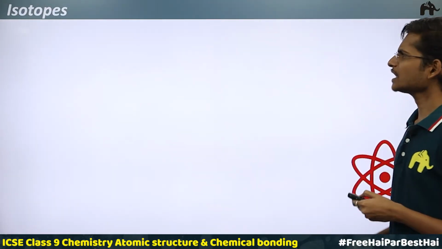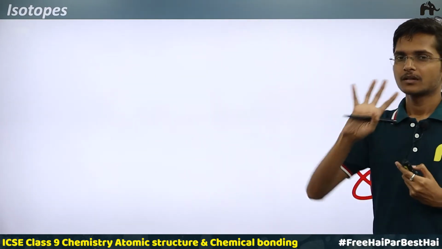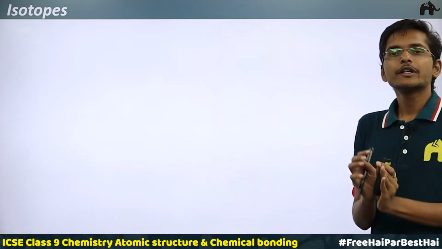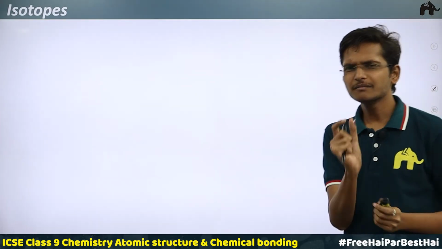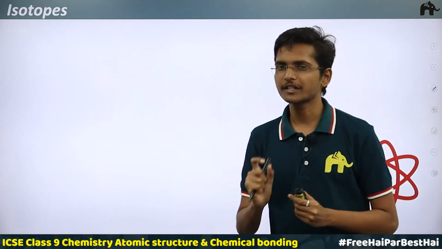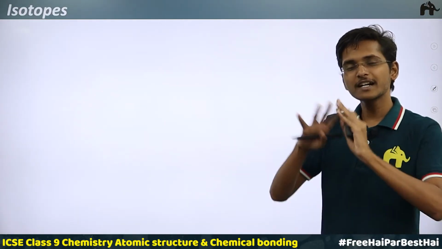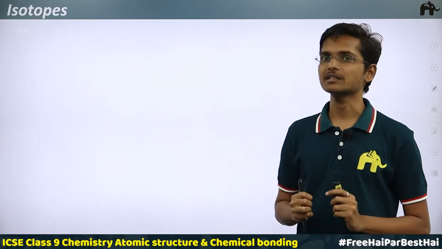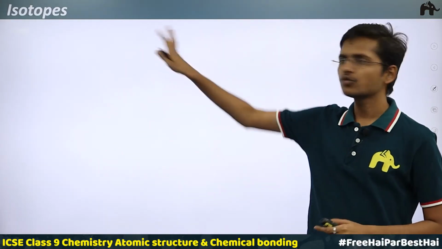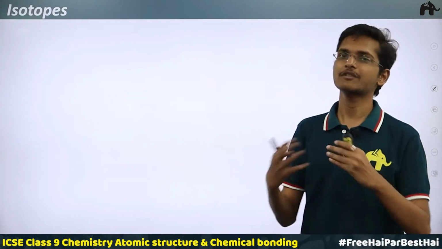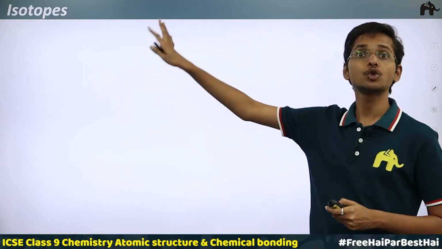Now here we are going to start studying an interesting concept, which is related again to the atomic number and the mass number. That's why I have included it right after we have studied this, which is isotopes.